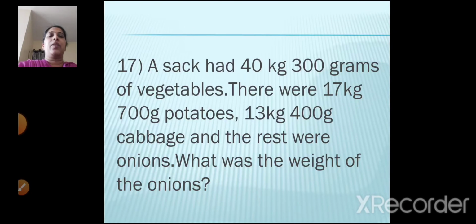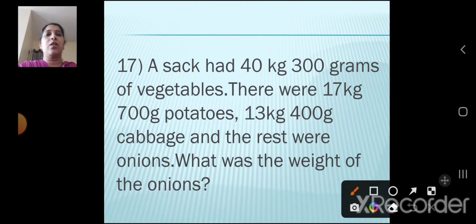17th one. A sack had 40 kg 300 grams of vegetables. There were 17 kg 700 gram potatoes, 13 kg 400 gram cabbage, and the rest were onions. What was the weight of the onions? So what is given in the word problem? A sack. Sack means a bag. A bag, it was having 3 different types of vegetables, right?